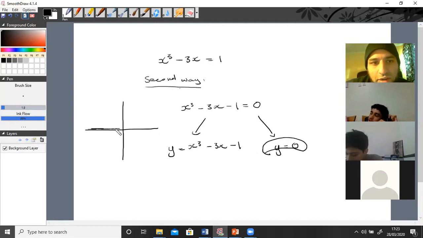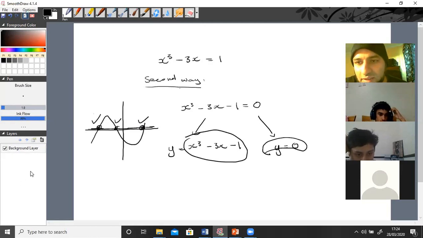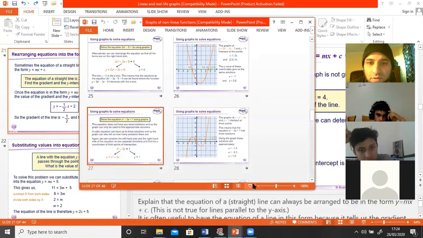I'm going to color it in a bit to show you what it looks like. And this one, I make a table and a graph of it, and it will cross this line at 1, 2, and 3 points. Your coordinates here, here, and here are your solutions. Does that make sense, Zach? Yeah. So that's what it is. You can use either method, they both work. That was a very good question because it helps us all to understand what's going on.